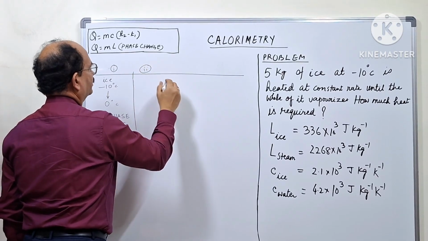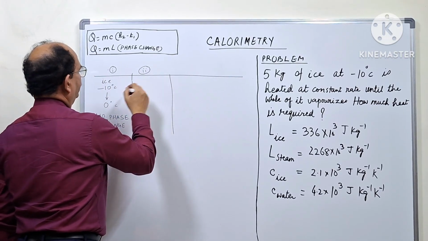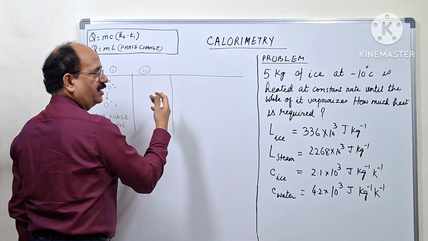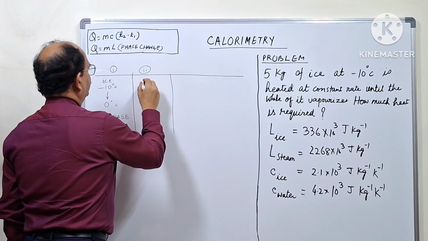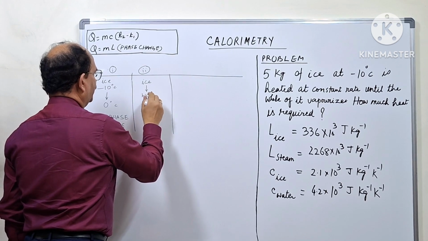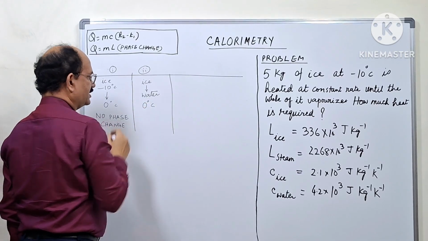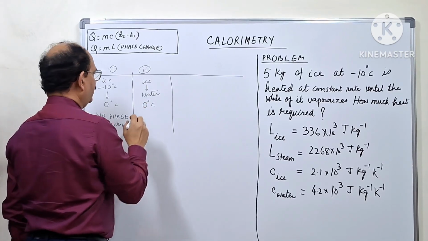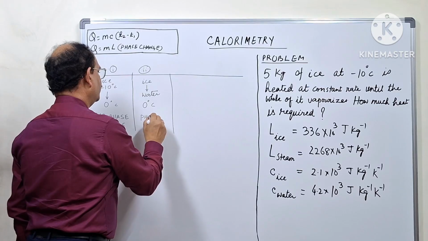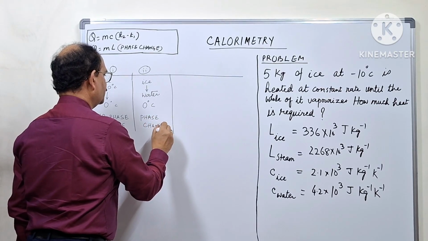Then it goes into the second stage, where the ice has reached 0 degrees Celsius and you're still supplying heat. So ice now tries to change into water. Temperature is at 0 degrees Celsius, no temperature change involved here, and this is a case of phase change.